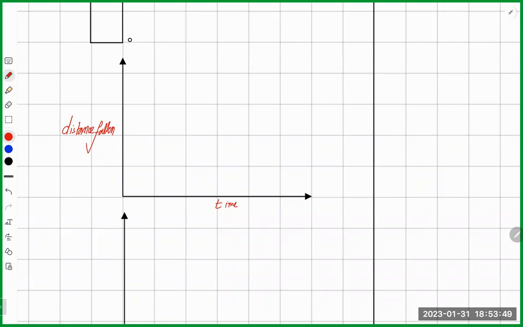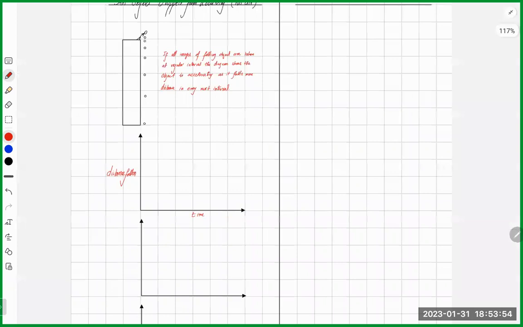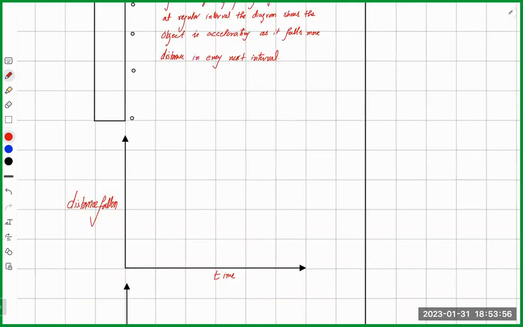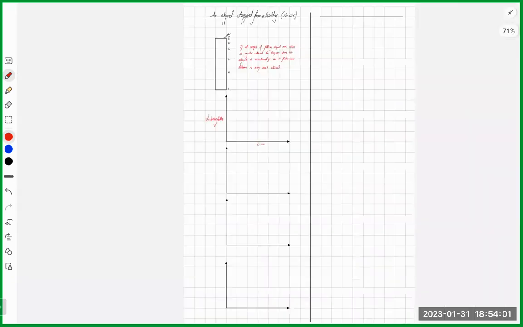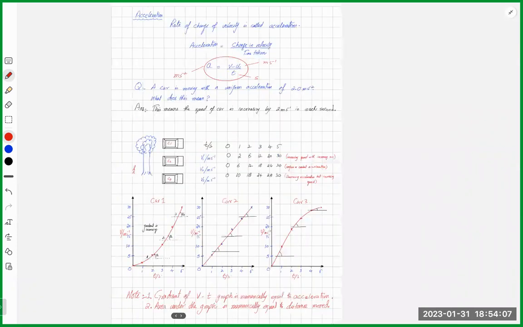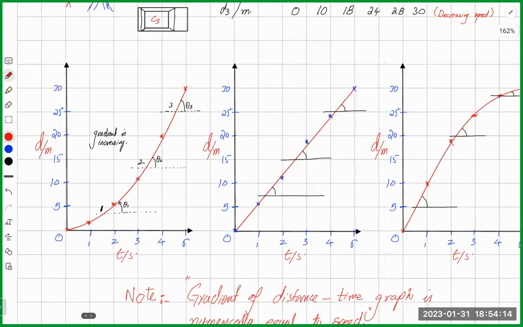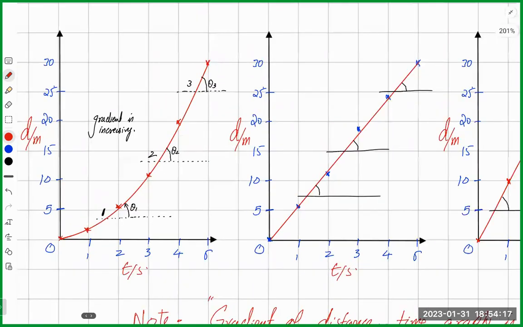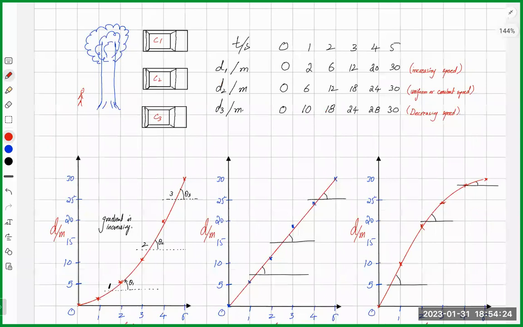So what kind of graph I should be expecting? Now, it is a distance time graph, and I have to show increasing speed. If you remember, we have discussed that. How does increasing speed look like on a distance time graph? Look, the first car was traveling with increasing speed, and its distance time graph is like this.